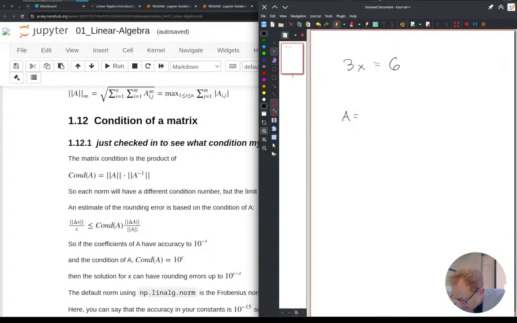So A equals 3, X is just some unknown X1, and B is 6. Kind of a boring linear algebra problem to solve, and you probably solved it in your head already.